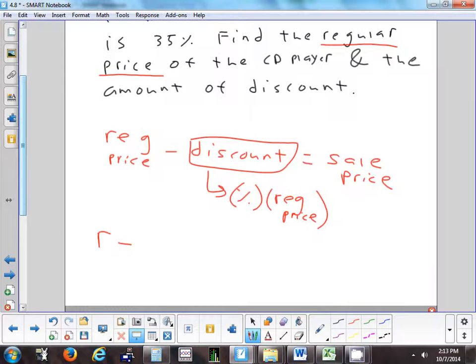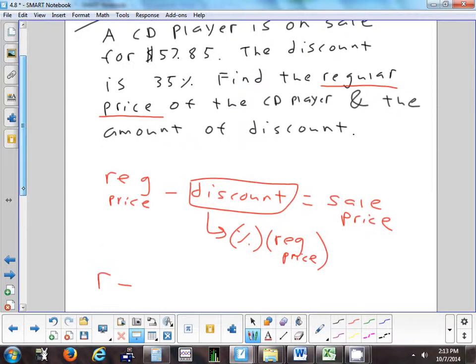Okay, now minus discount. Discount is our percent times the regular price. What's my percent here? 35. And how do we write 35 as a decimal? Remember, in the original formula it's always a decimal. 0.35. Very good.